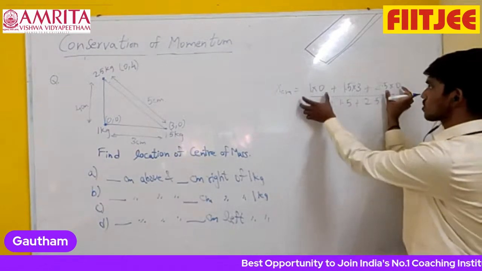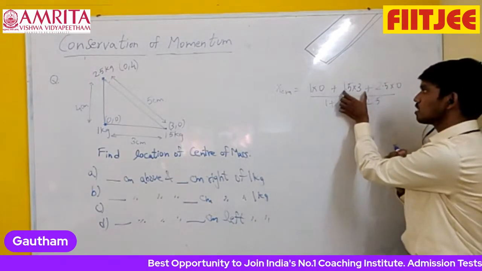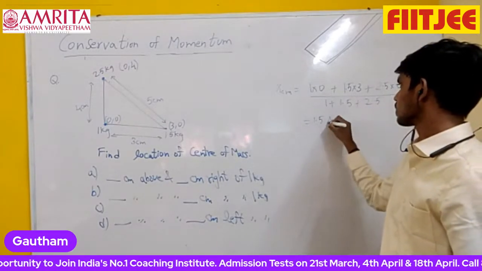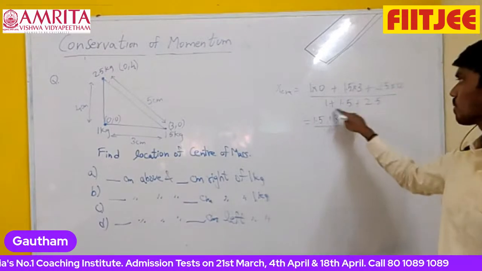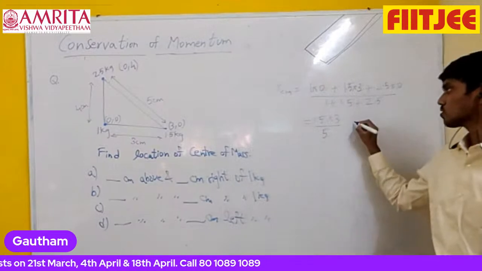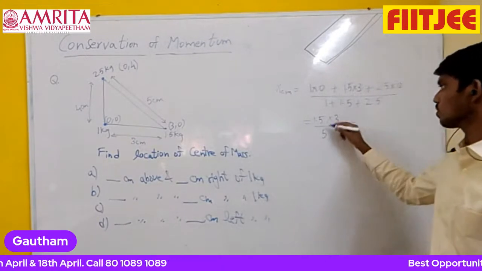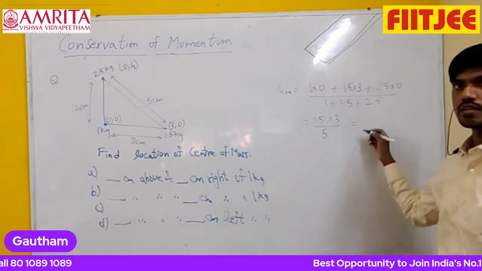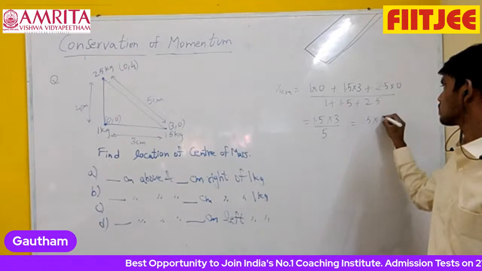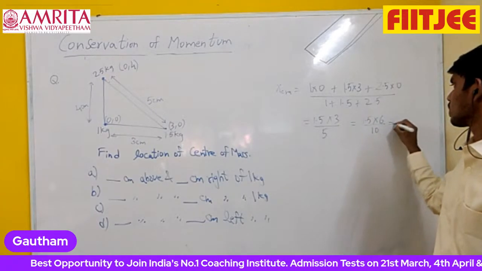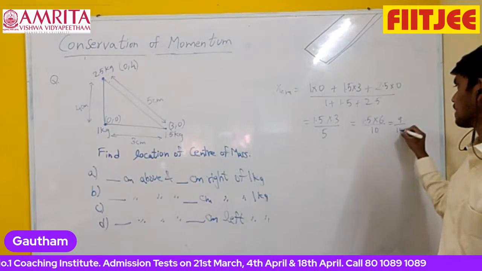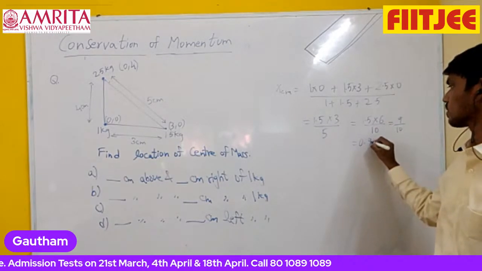Since two of them have x coordinate 0, only this value matters. So 1.5 into 3 divided by 1 plus 1.5 plus 2.5, which is 5. So this will be 1.5 into 6 by 10, which is 9 by 10 or 0.9.